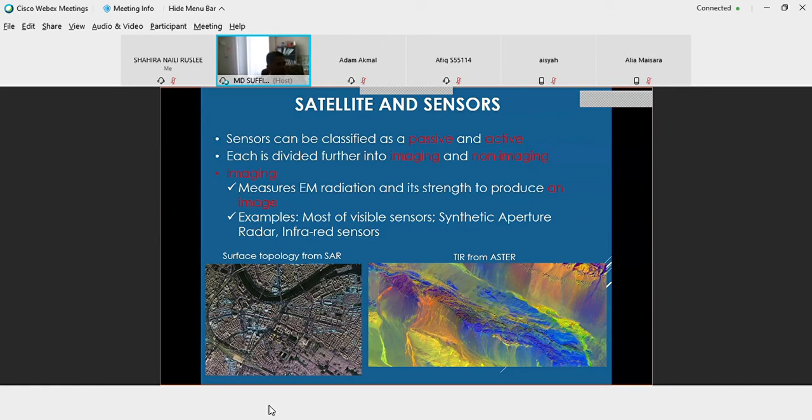Examples are most visible sensors, MODIS, or synthetic aperture radar and infrared sensors. This one is an example from SAR, synthetic aperture radar. It produces an image, so we call it an imaging sensor. This one is thermal infrared from ASTER, which is also an imaging sensor.